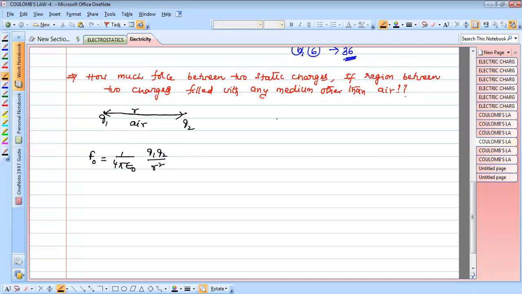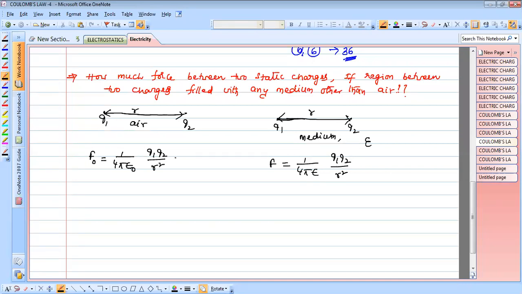If it is filled with a medium of permittivity epsilon, the distance R is the same, and the force becomes 1 by 4 pi epsilon, Q1 Q2 by R square.